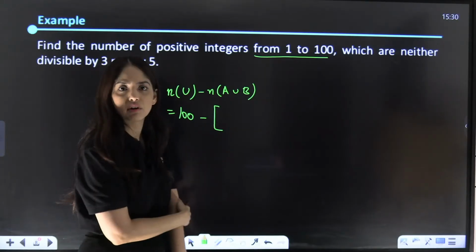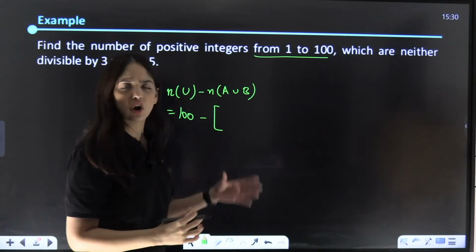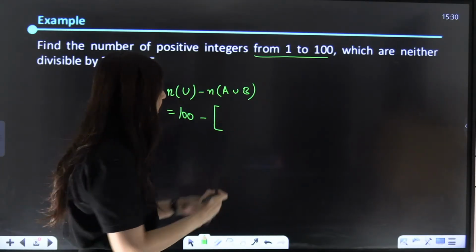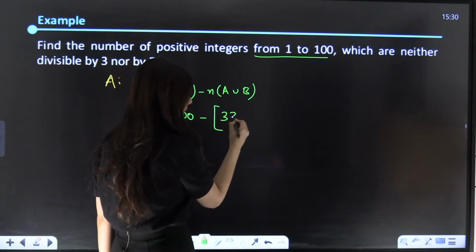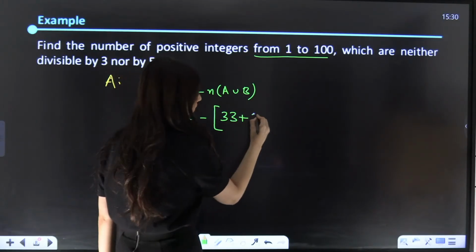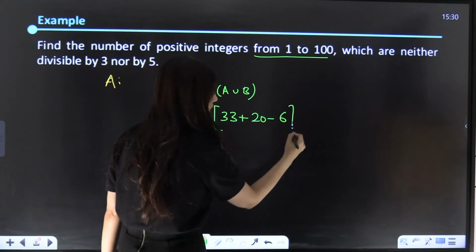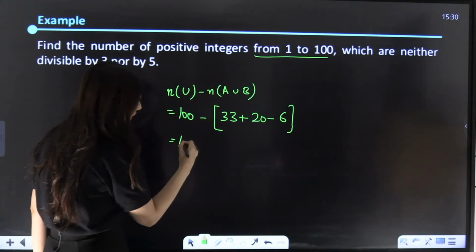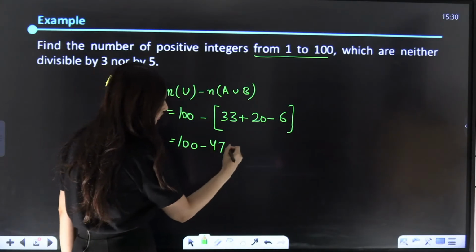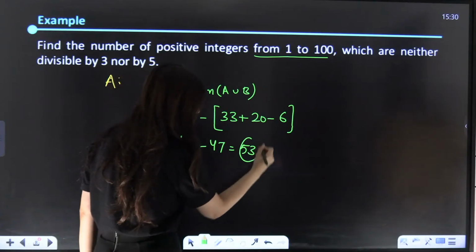If we were going from scratch, n of A plus n of B minus n of A intersection B. So like this we get 100 minus 47, which is 53.